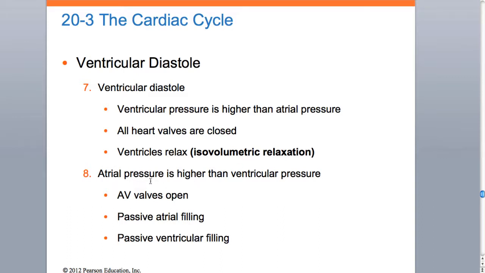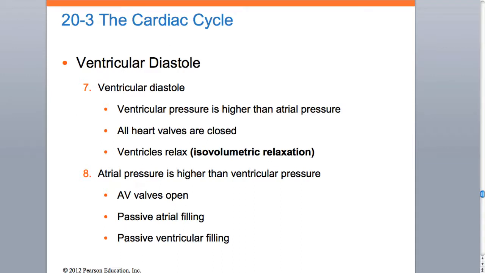Next, atrial pressure is higher than ventricular pressure. So the AV valves open, and as I said before, what will happen first? Passive filling of the atria, and then passive filling of the ventricles. So 1 through 8 that we looked at are the cardiac cycle.